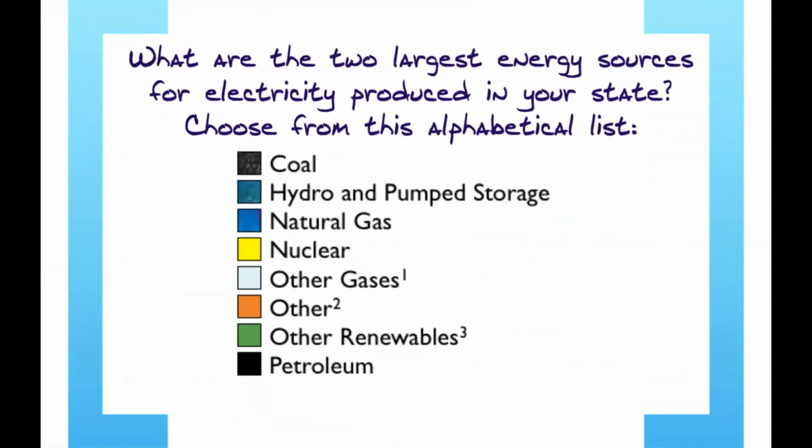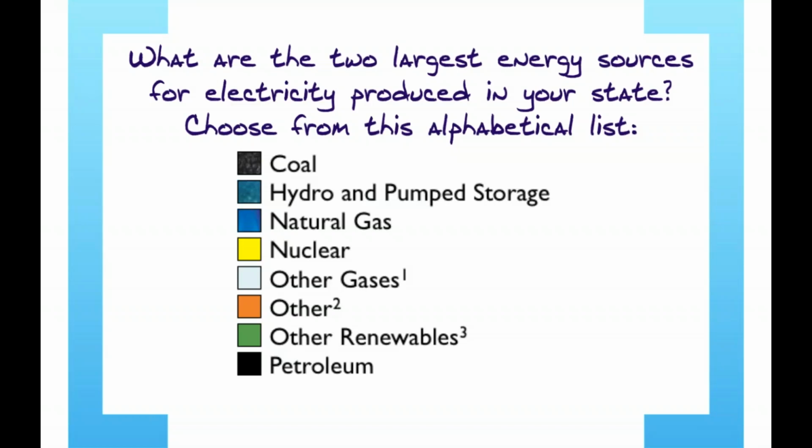One of my favorite questions to open up a session with is to ask people where the electricity in their state comes from. And I've got listed here the 8 largest sources for generating electricity in the U.S. It just so happens they're listed alphabetically, and it just so happens that the first 4 alphabetically are also the 4 largest for generating electricity.